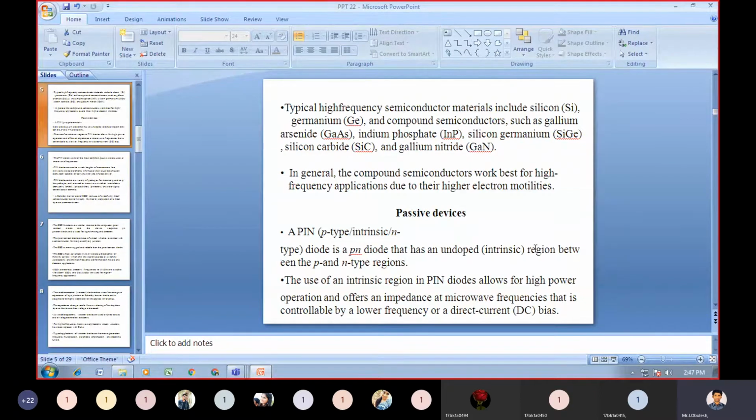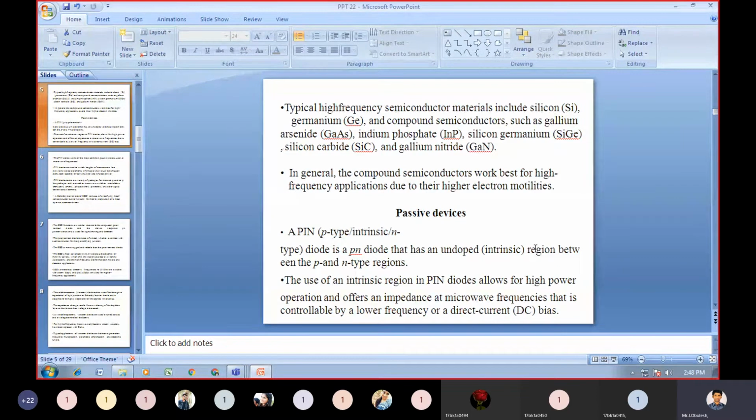You need to remember the use of an undoped or intrinsic region in a PIN diode: it allows for high power operation and offers an impedance at microwave frequencies that is controlled by a lower frequency direct current (DC) bias.